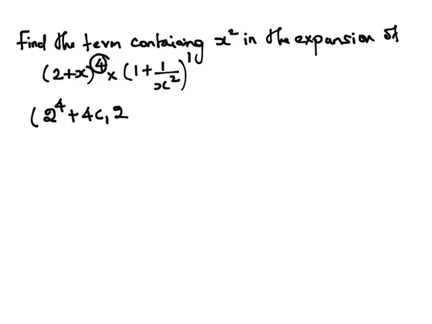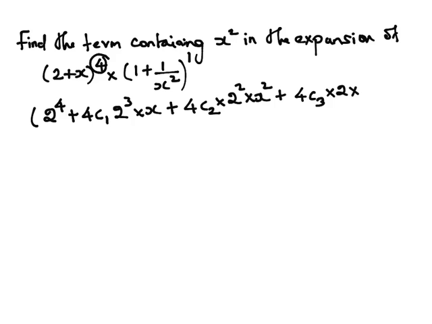So 2 power 4 will become 2 power 3 now, multiplied with x, plus third term will be 4C2 multiplied with 2 square multiplied with x square, plus the next term, fourth term, is 4C3 multiplied with 2 multiplied with x cube, plus the last term is x power 4. Now this has to be multiplied with 1 plus 1 by x squared. So I'll keep it as it is.